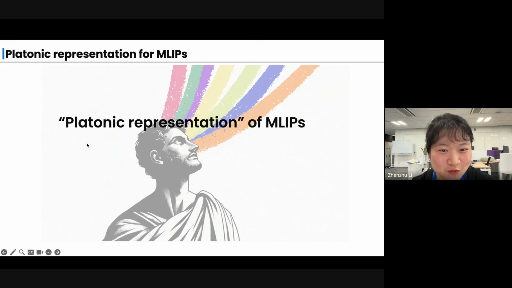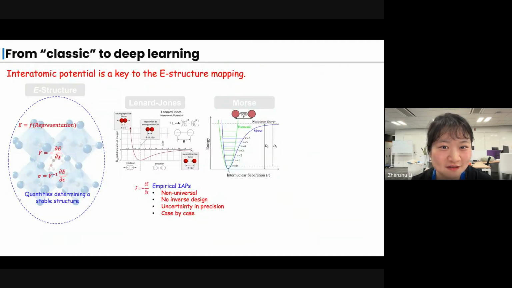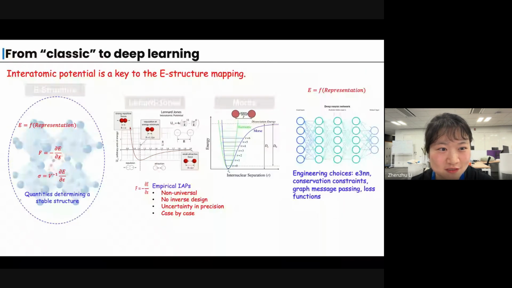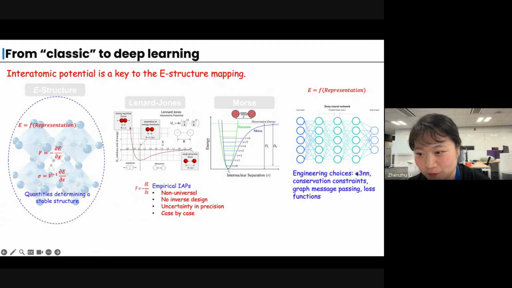So our purpose is to check if this Platonic representation can appear in machine learning interatomic potentials. Everyone is very familiar with what a machine learning interatomic potential is. We use deep neural networks with a lot of engineering choices, for example Euclidean choices, conservation constraints, or we can choose message passing, and we can also design different loss functions to regulate how the model learns the information.